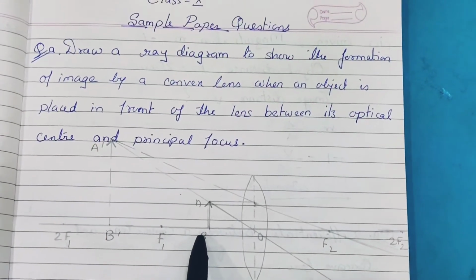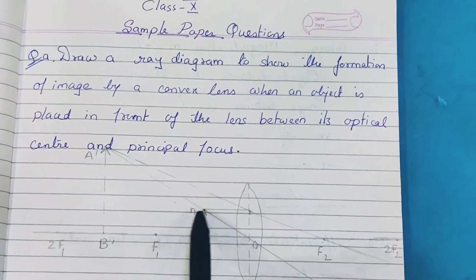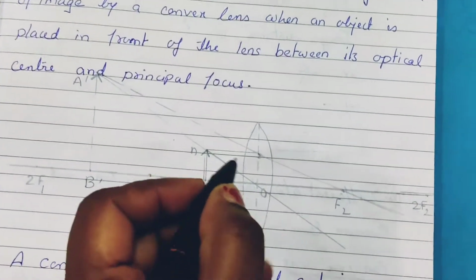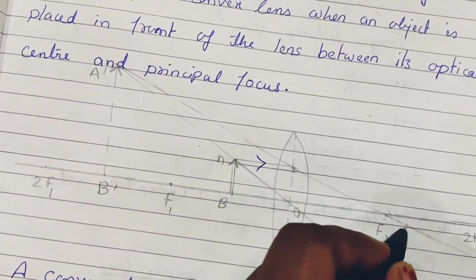Now the image is placed. Now we draw the diagram. This is the ray passing.